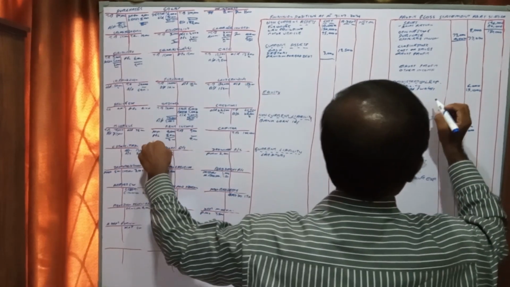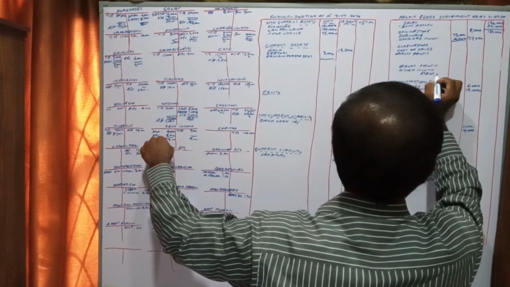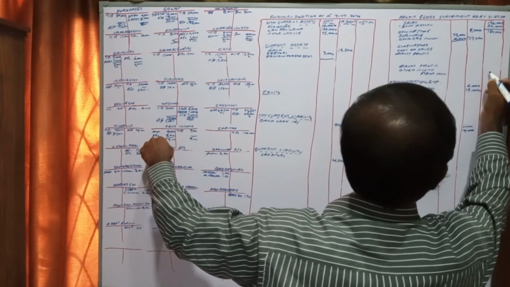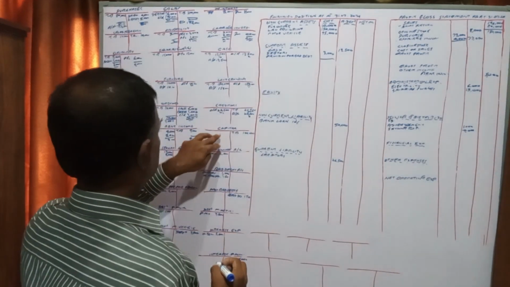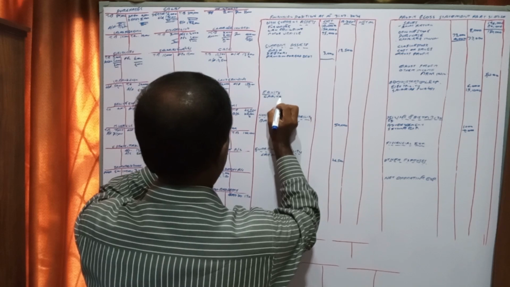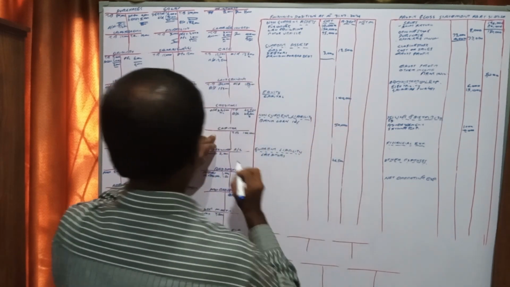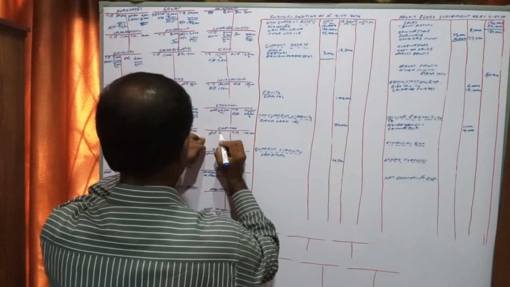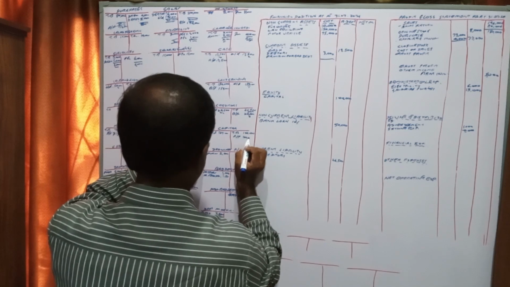Here we will say other income, rent income 5,000, right? And capital account 100,000, carried down 100,000, brought forward 100,000.